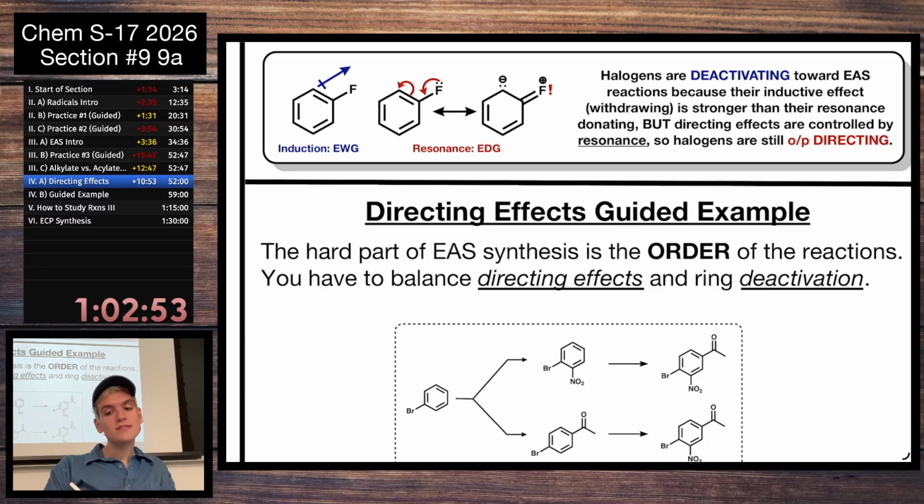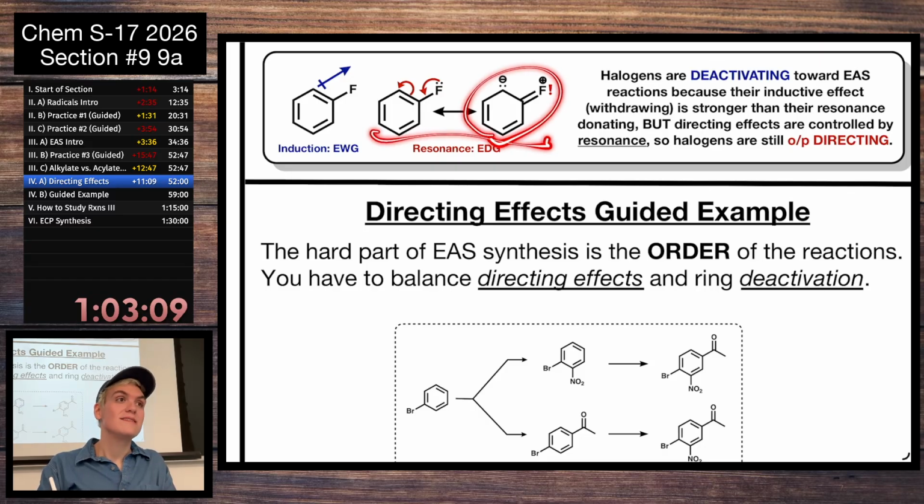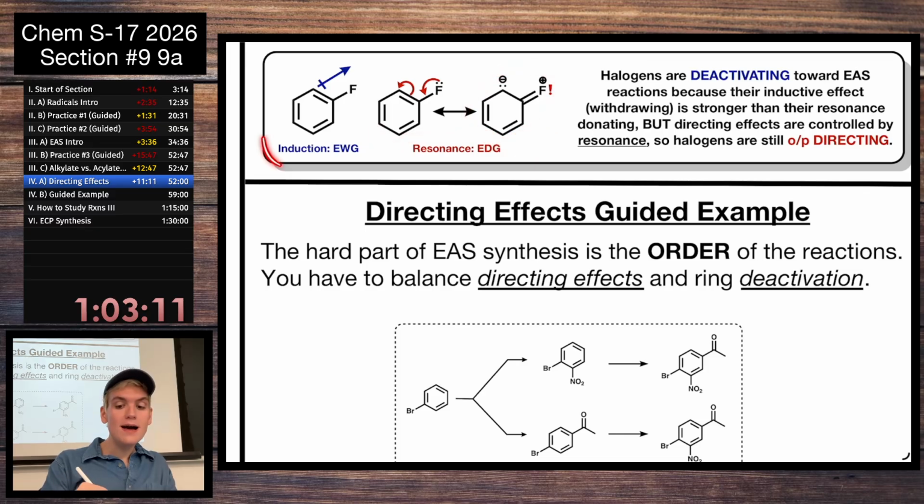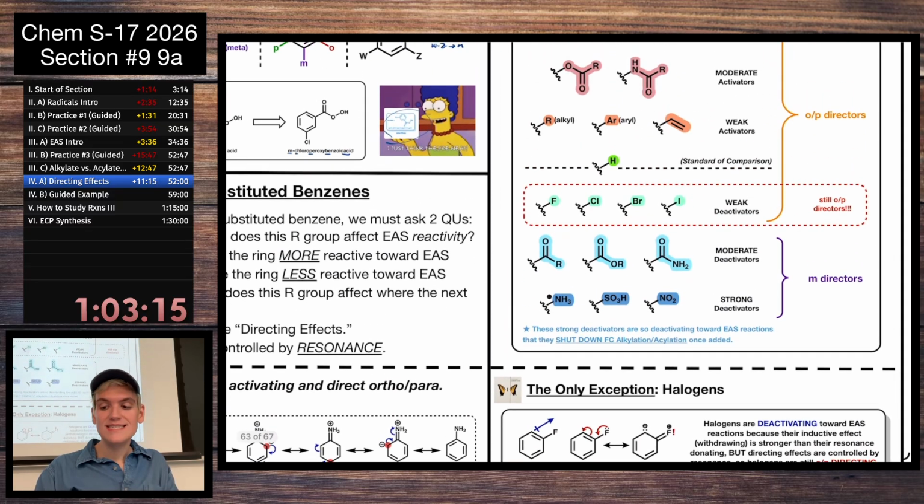So which of these effects do you think is most important overall? Induction or resonance? Induction, that's weird. Normally we say resonance is much more important, right? But here, because this resonance structure puts a positive charge on fluorine, it's really unstable. So this is really weak resonance. Because induction is the most important, we say halogens deactivate the ring.